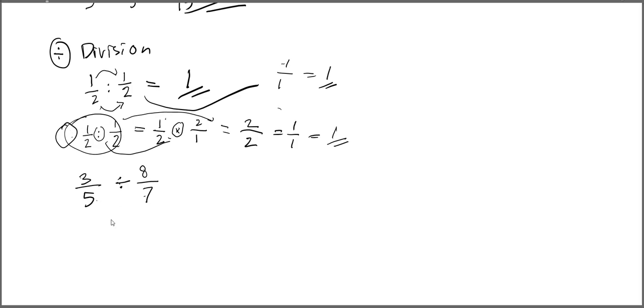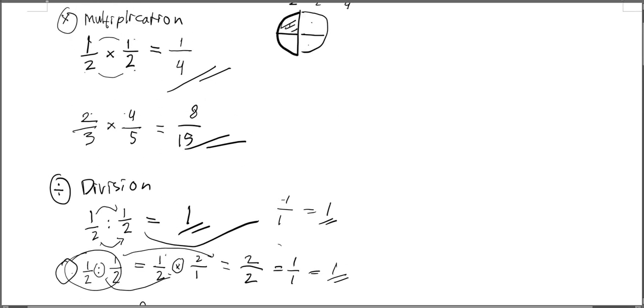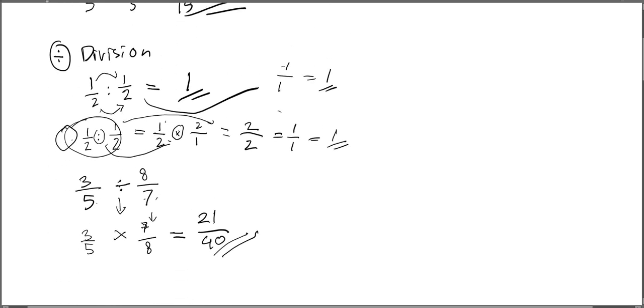You turn this 3 per 5 into multiplication, and then you flip this to become 7 per 8, and then you get the final result. 3 times 7 equals 21, 5 times 8 equals 40. Here is the final result.